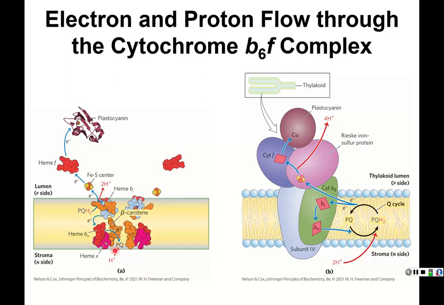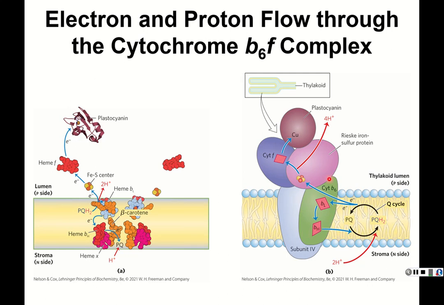So here we have a more detailed, more cartoon structure of this complex, with the cofactors shown here. Ultimately, we're going from plastoquinone to this plastocyanin mobile carrier protein. I think this one's a little bit easier to see. It's a cartoon depiction, and it should look very similar to complex 3. You even have a Q cycle here, and you have a BH cofactor and a BL cofactor.